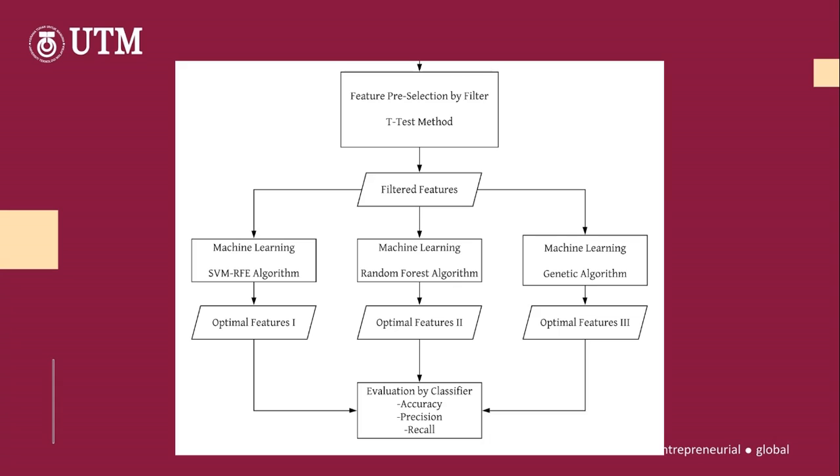And then these 3 algorithms will each produce optimal features that will then be used for evaluation by a classifier that will look at the accuracy, precision, and recall. This whole part will be done in the future, which is in final year project 2.